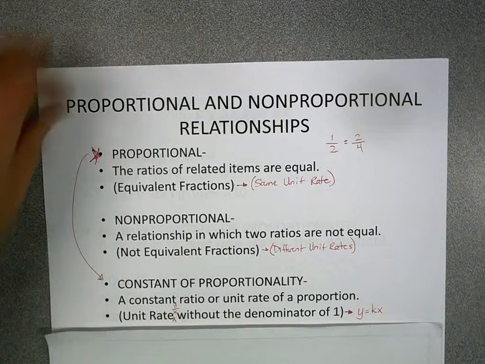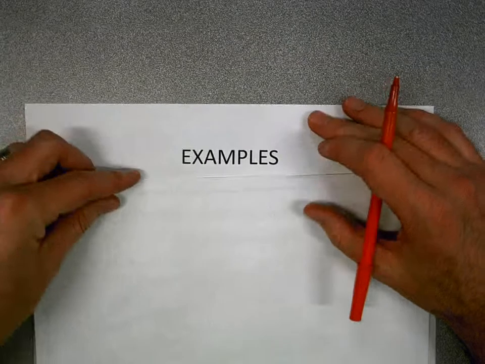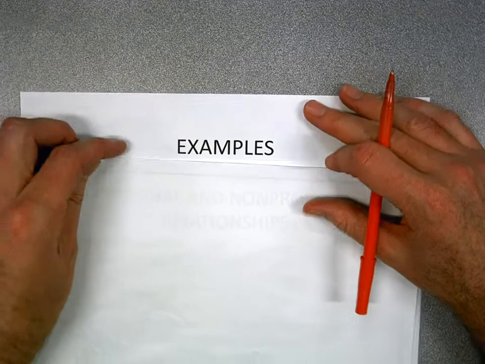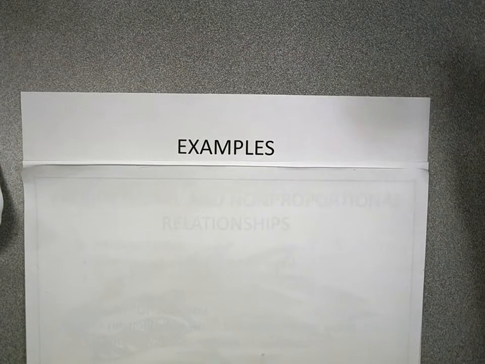Okay, with that said, we're going to do some examples together. What I'd like you to do is grab your book, grab a piece of paper, and put your name, date, lesson number, and of course your book page up at the top.